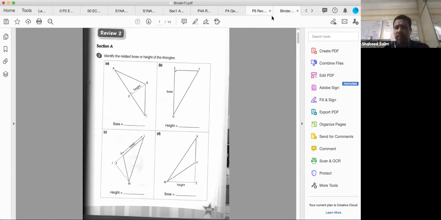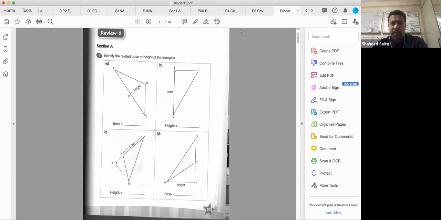Okay, let's see. We have a few answers now. Ready for 1A, correct? 1B, correct? What about the rest? Shafia, 1A, correct? Putri, 1A, correct? Shafia, 1B, correct?